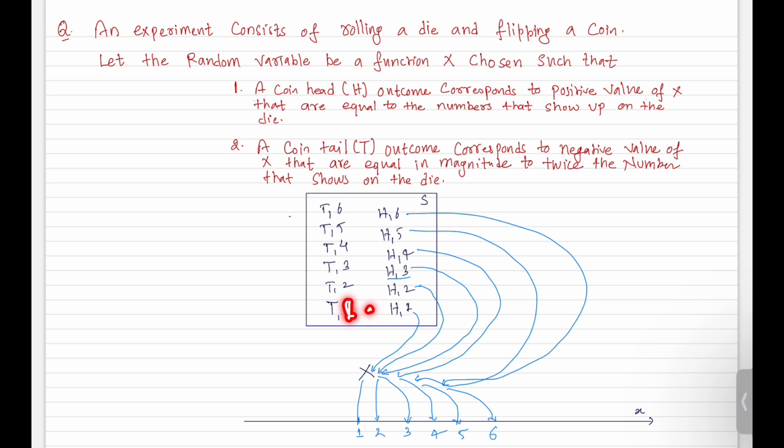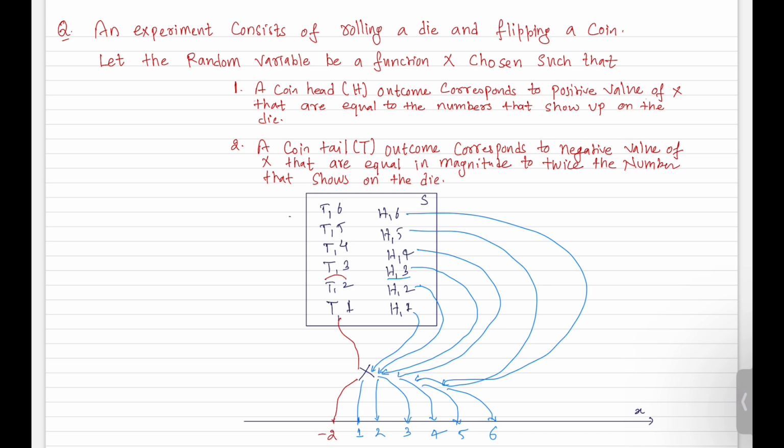Suppose we got 1 on the die, then it will be twice the negative number. So this outcome will take this as an input, and this is going to map to minus 2.